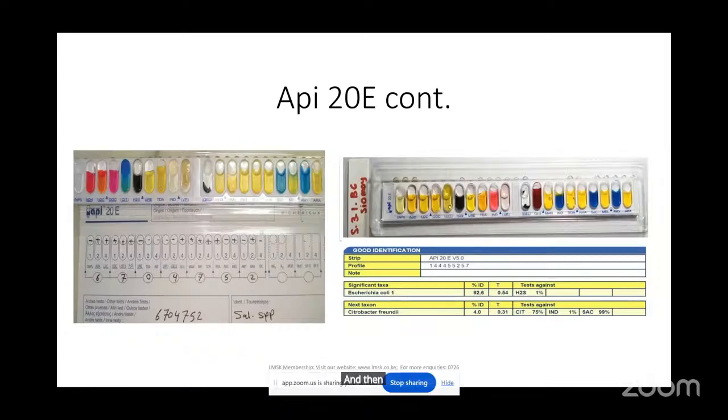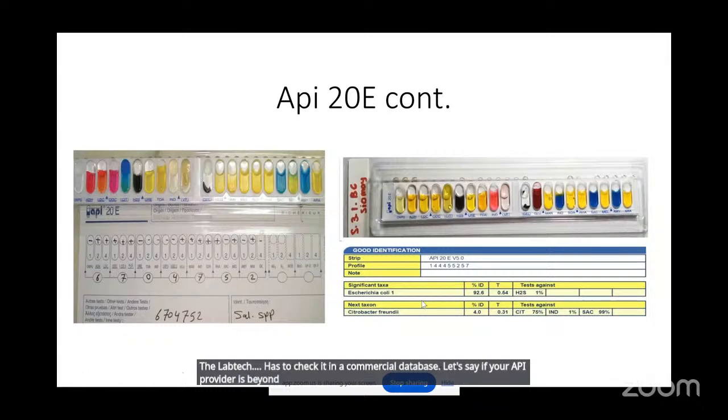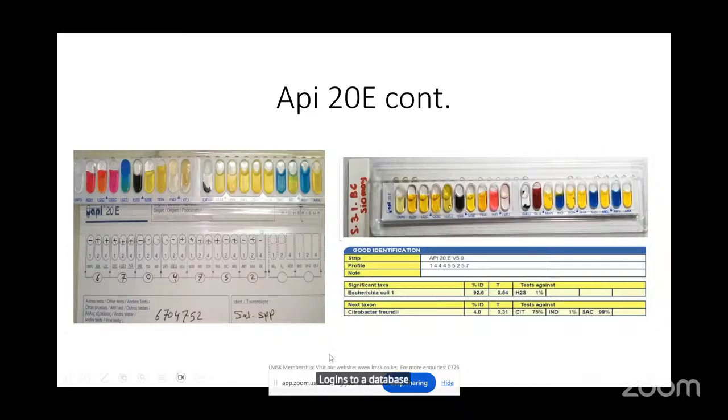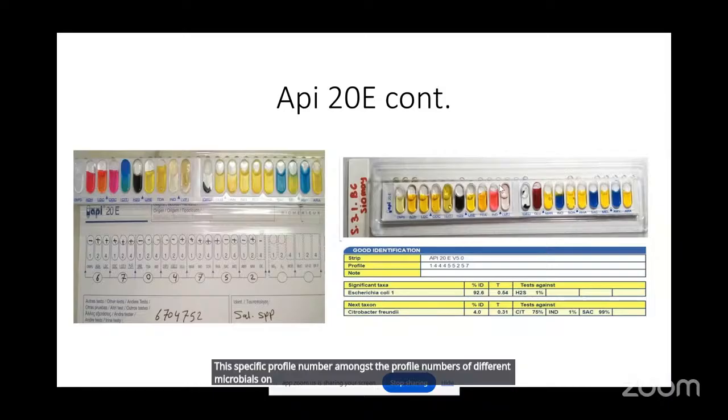And then this particular profile number, the lab tech has to check in a commercial database. Let's say your API provider is bioMérieux, so you'll have logins to a database that can help you check this specific profile number amongst the profile numbers of different microbes on their database, and then you're able to come up with an identification of an organism.